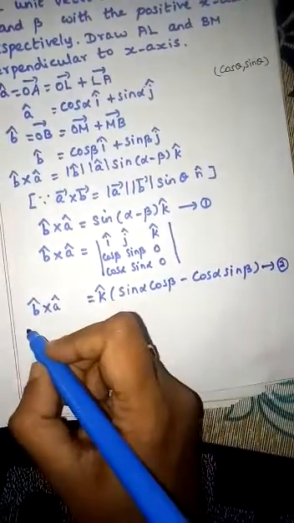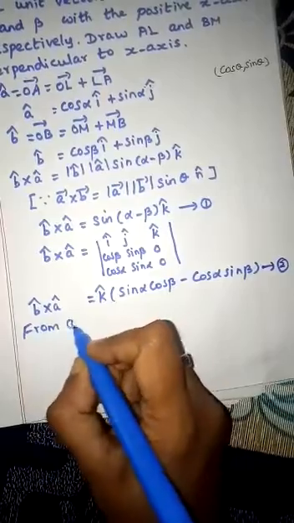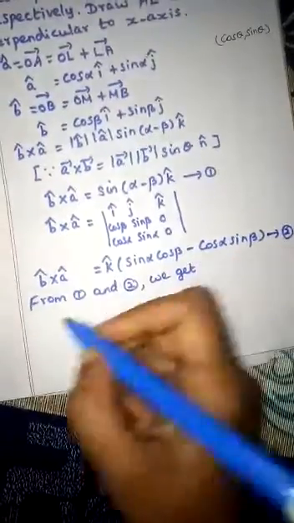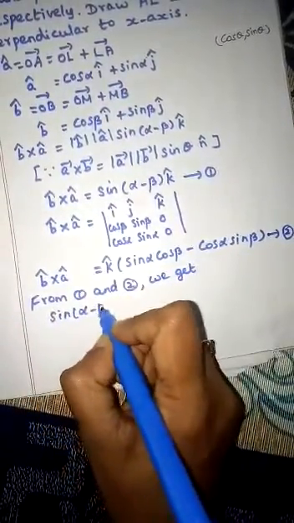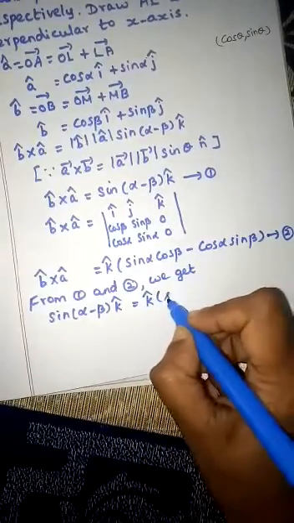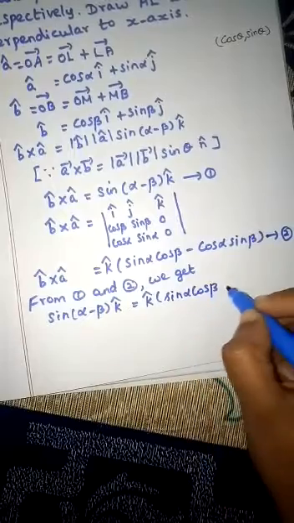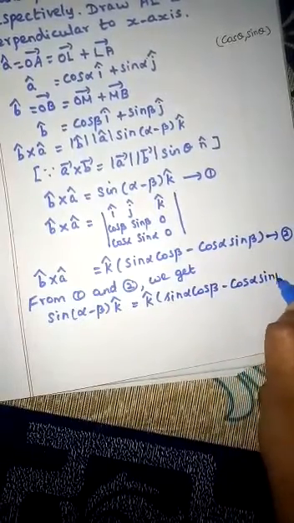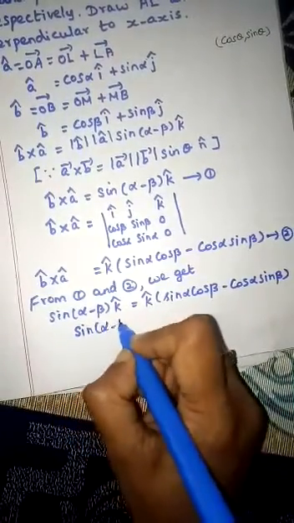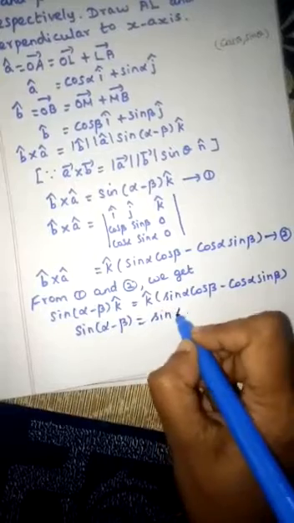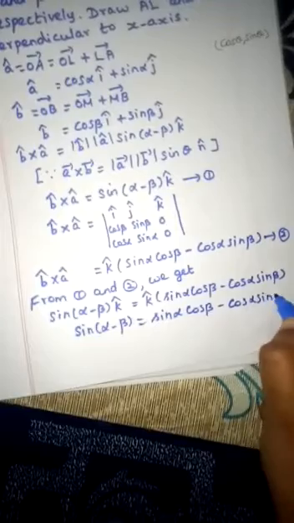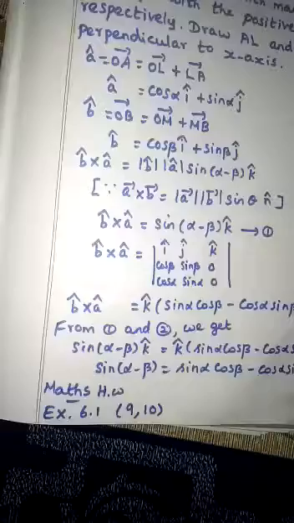So from equation 1 and 2, we get sin of alpha minus beta into K cap is equal to K cap into sin alpha cos beta minus cos alpha sin beta. Now on both sides you can cancel K cap. So you will get sin of alpha minus beta equal to sin alpha cos beta minus cos alpha sin beta. This is what we wanted to prove.